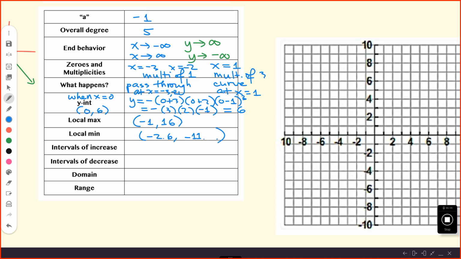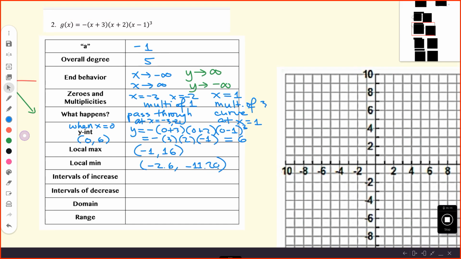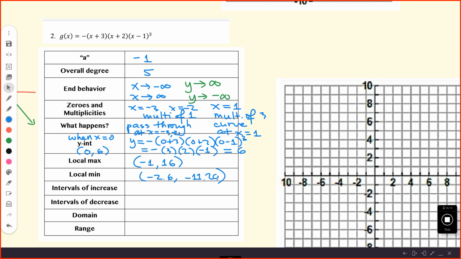5 is the degree. Yes, because we're given the polynomial in factored form. If it's in factored form, we're going to sum up the exponents. Yeah, but how is it 5? Because you have 1 plus 1 plus 3. Well, why don't you use the other x? Where's the other x?